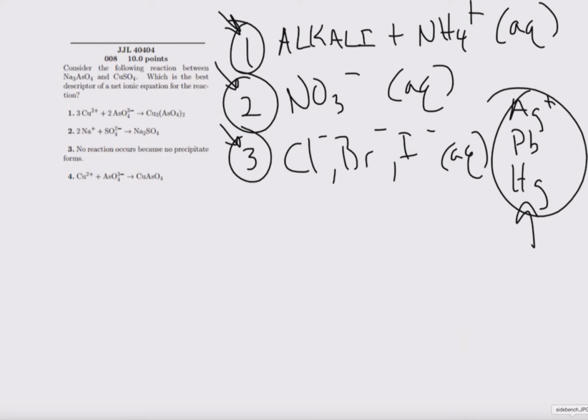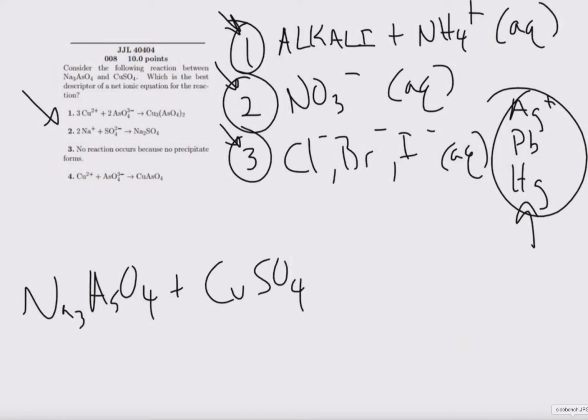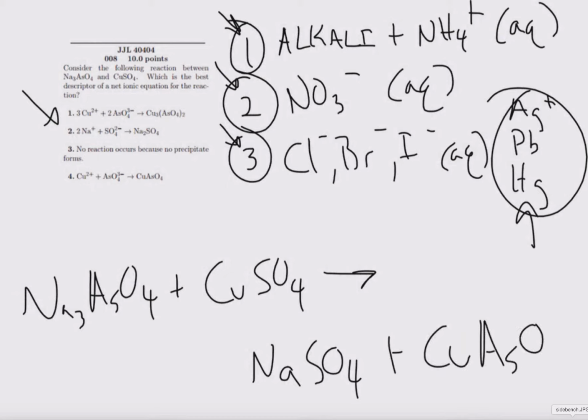So when you're doing the net ionic equation like this, what you have to look at is, okay, so if I take Na3AsO4 and CuSO4, and I do a double replacement reaction, what do I get? Well, I'm not balancing this right now, just to show you the combinations, NaSO4 and CuAsO4.